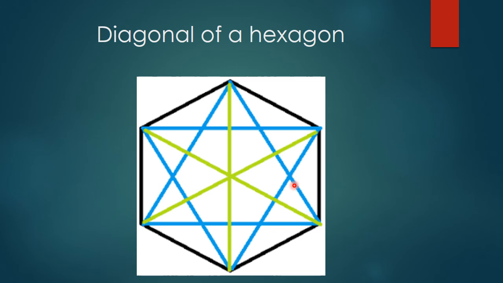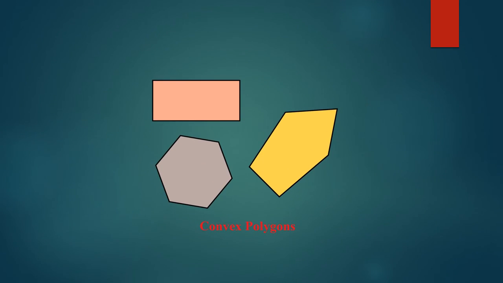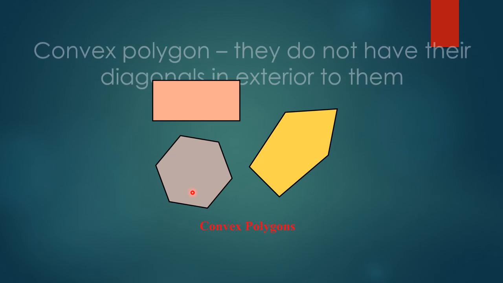So we have 9 diagonals in a hexagon. Observe, these are called convex polygons. Why we call them convex polygons is that when you observe the angles here, all the angles lie inside the figure, as well as the diagonals also will be inside the figure itself.